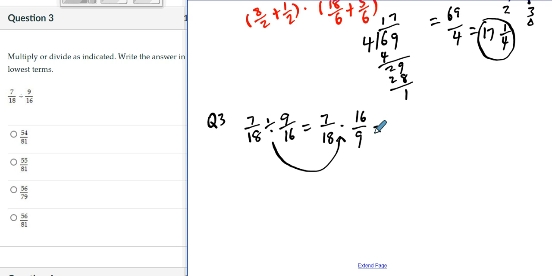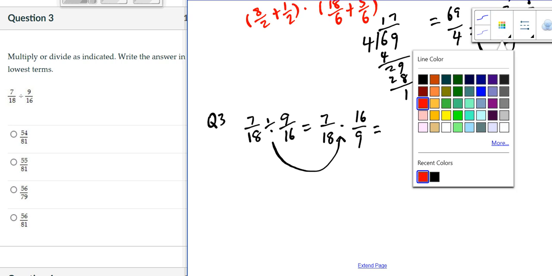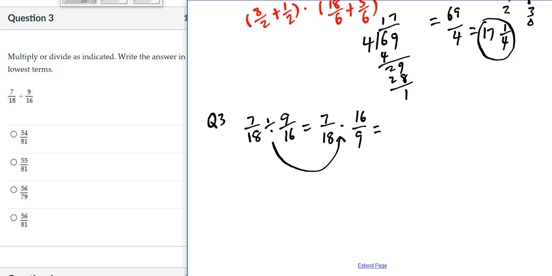Okay, so then what's the answer? And let me change the color to red. Okay, so here we have a 16 upstairs, which is 2 times 8.